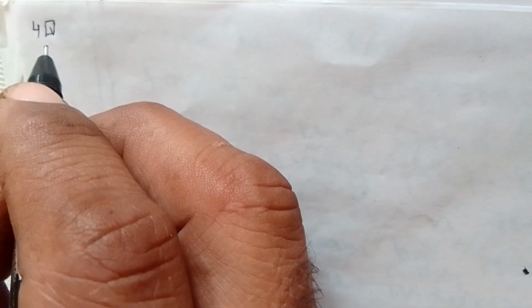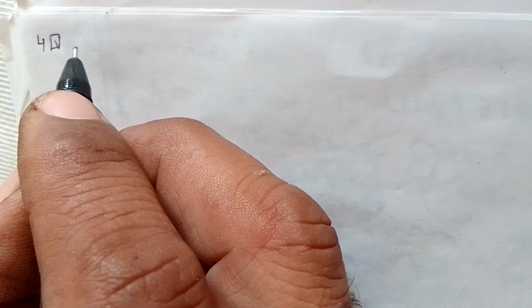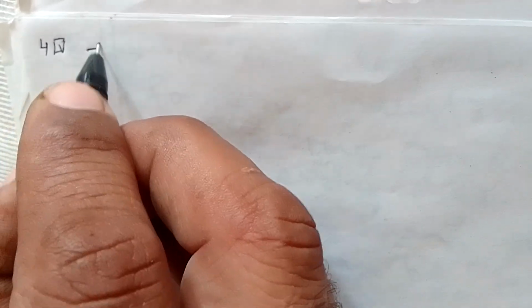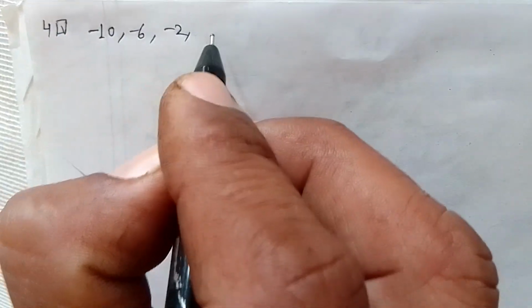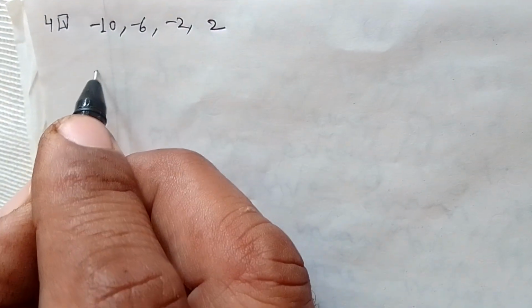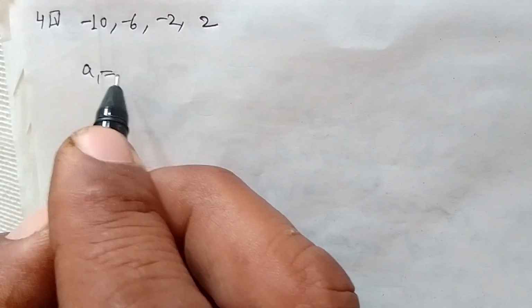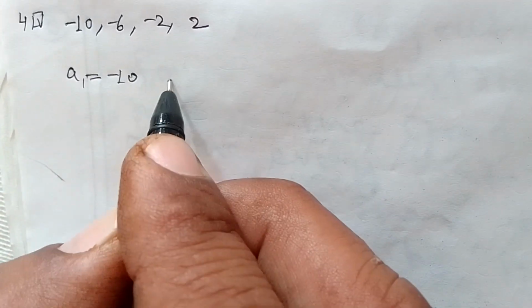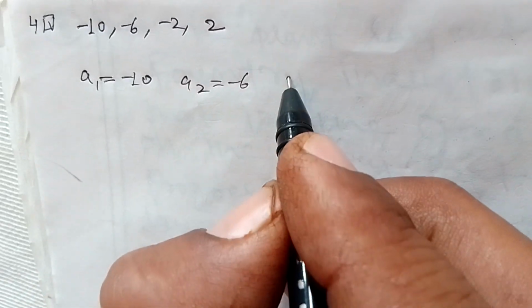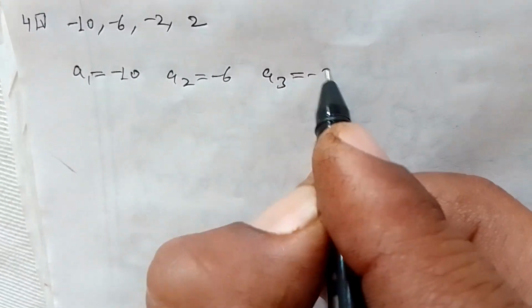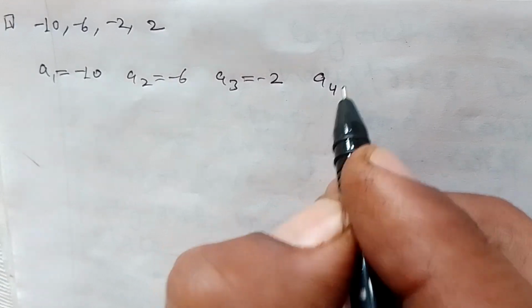Now the fourth part of the fourth question of exercise 5.1 is minus 10, minus 6, minus 2 and 2. Here A1 is equal to minus 10, A2 is equal to minus 6, A3 is equal to minus 2, A4 is equal to 2.